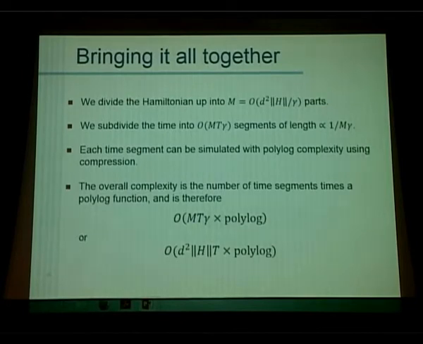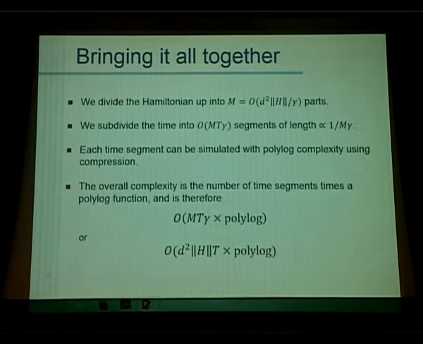And then the simulation of each of these segments is actually going to be polylogarithmic in all of the relevant parameters. So what we want to do is make these segments as big as possible, but the problem is that as you're making these segments bigger, you have more of these controlled operations and you have a higher probability of failure.